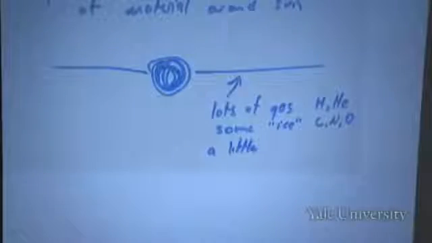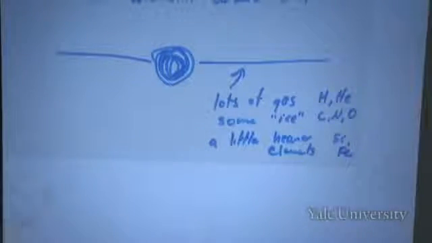But these are elements like carbon, nitrogen, oxygen that go into making ices, and a little bit of heavier elements that could, if you put them all together, form dust and rocks and things like that. A little heavier elements, things like silicon and iron. So that's what the sun consists of, and so does this disk orbiting around it. Then what happens?